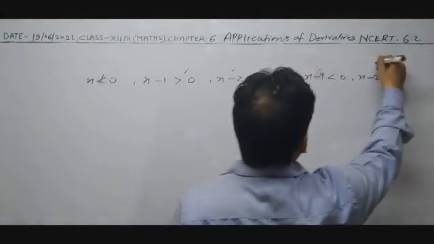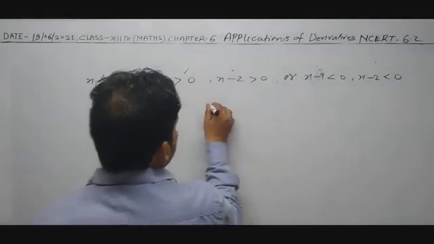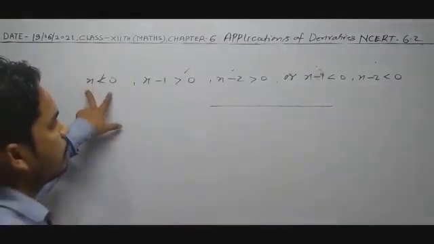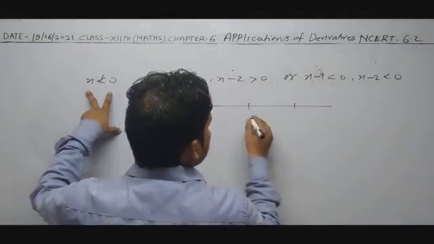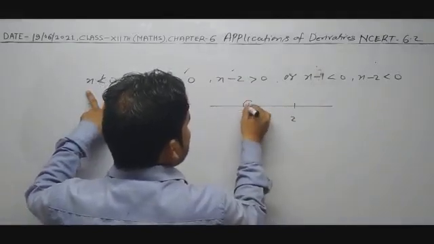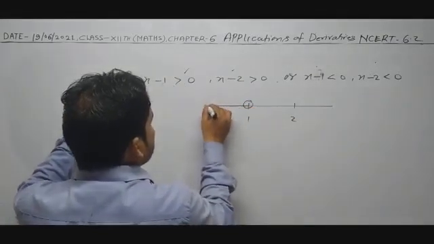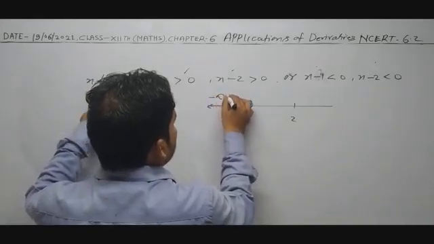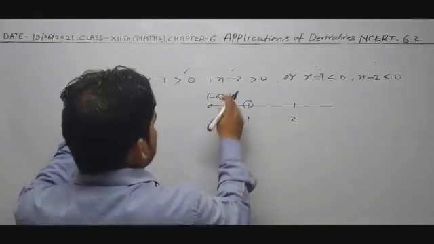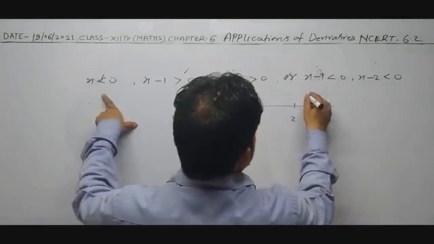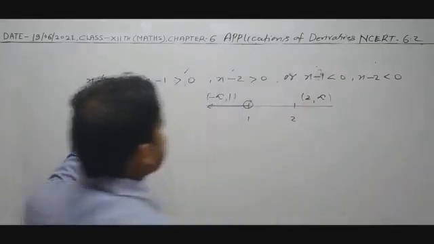First, second, third and fourth: when you draw the number line excluding this part, you will get x belongs to minus infinity to 1, excluding this part, and this is 2 to infinity.